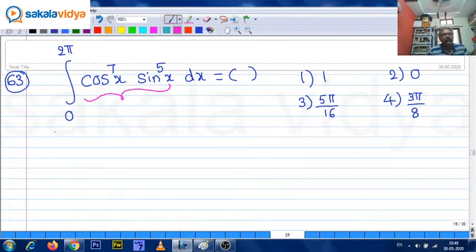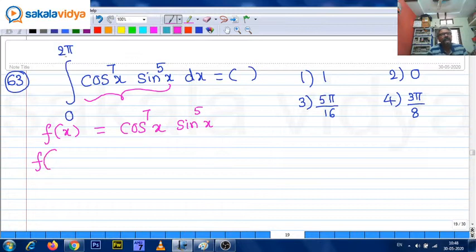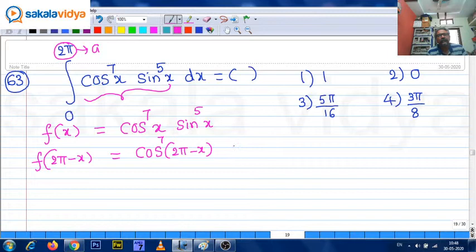So f of x equals cos x to the power of 7 sin x to the power of 5. f of a minus x, this is a: f of 2 pi minus x equals cos of 2 pi minus x whole to the power of 7 times sin of 2 pi minus x whole to the power of 5.